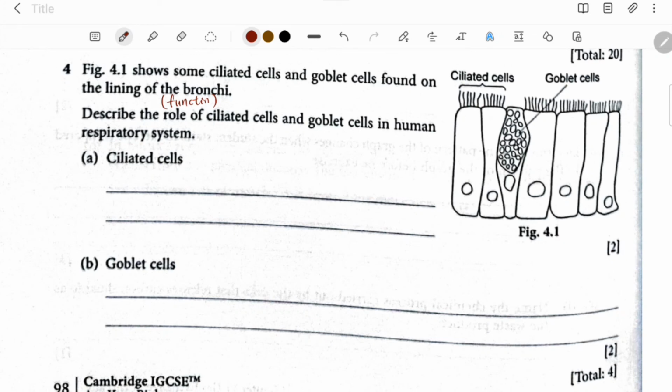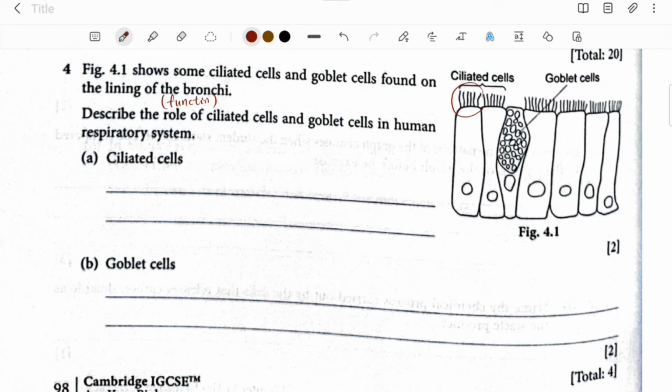And then this mucus will trap the bacteria, dust, and particles. And then ciliated cells have cilia to beat and push away the mucus so that the mucus can be removed.